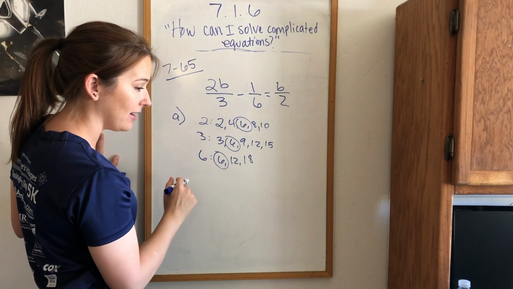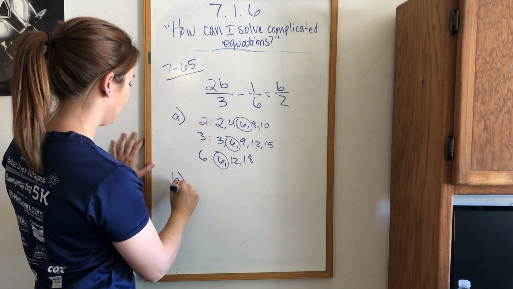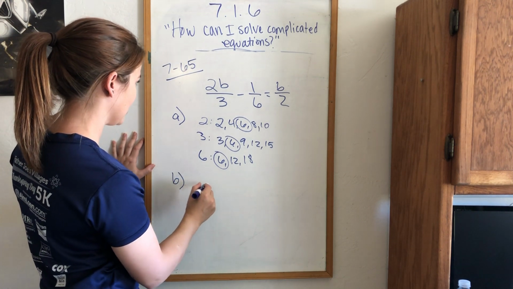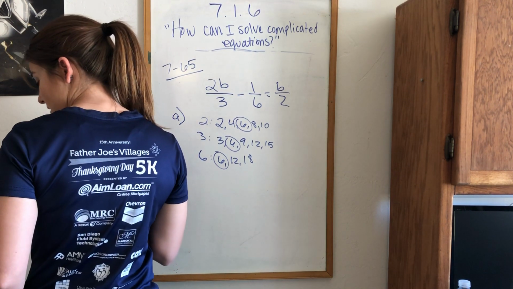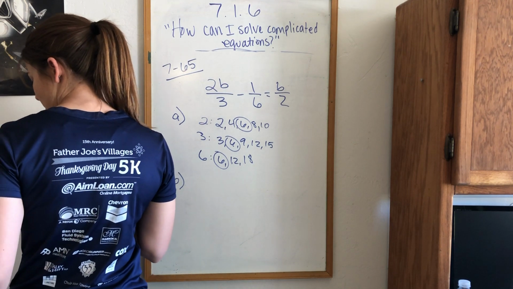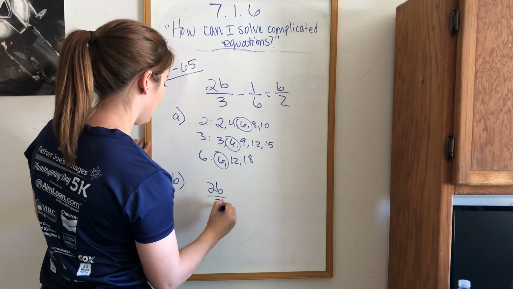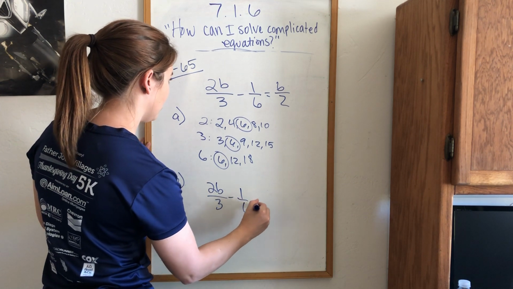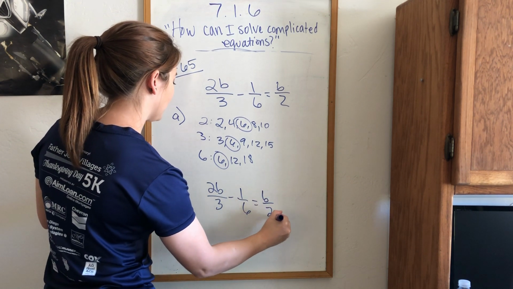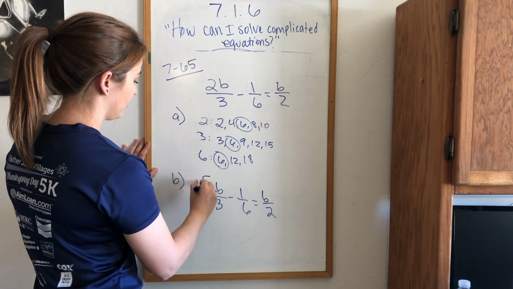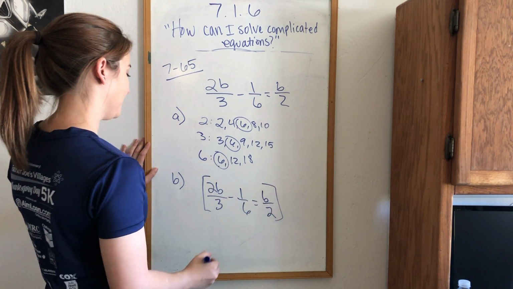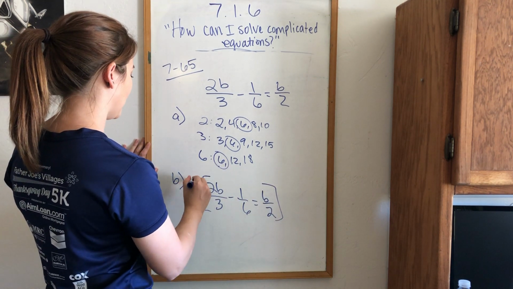So we're going to do that for part B. I'm going to write it here: 2b over 3 minus 1/6 equals b over 2. Let's use our least common multiple and multiply everything in the equation by 6.